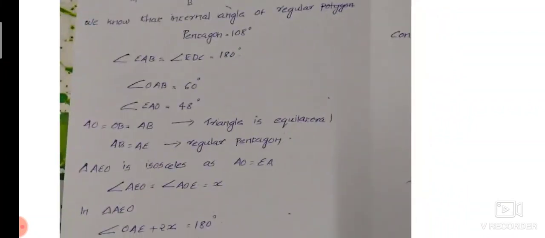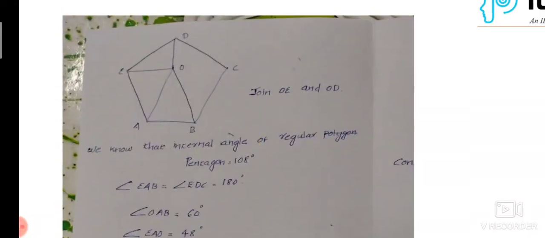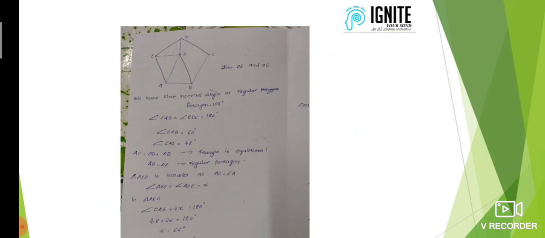As triangle OAB is equilateral, all its sides are equal, which is OA equals OB equals AB. Now, as it's given that it's a regular pentagon, you have AB equal to AE, which means triangle AEO forms an isosceles triangle where AO is equal to EA.